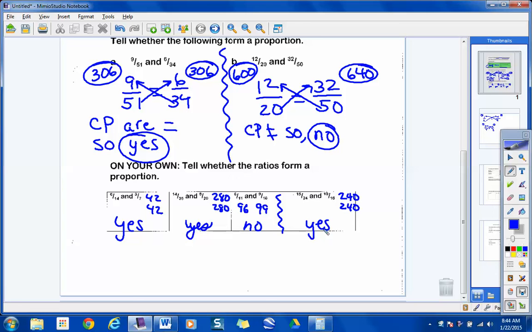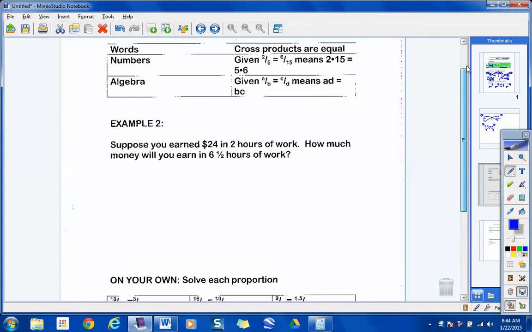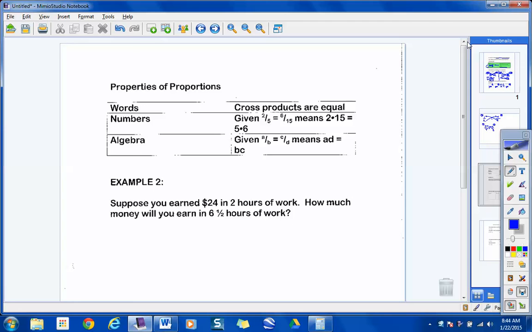What are we really going to do with proportions right here? Guys, when we talk about properties of proportions, we have words. In words, we already know that proportions simply mean cross products are equal, right?